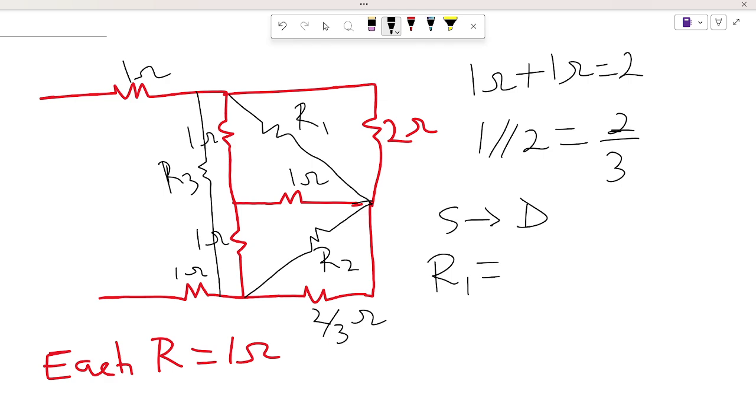For star to delta, we first add the ones that are adjacent, then plus the products of those two. So 1 times 1 is 1, all over the last one, that's the one that's far away. So here we are going to have 2 plus 1 basically, and that's 3. And that's going to be similar for all the other ones too. So R1 is going to be equal to R2, and also equal to R3. So we can further simplify our diagram.